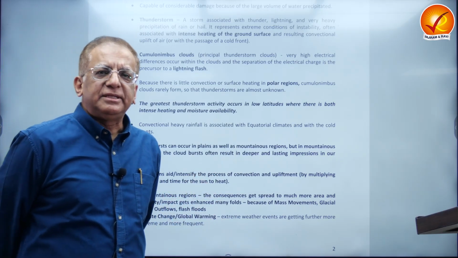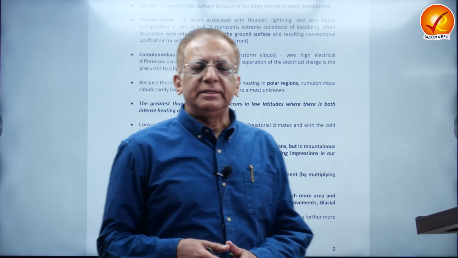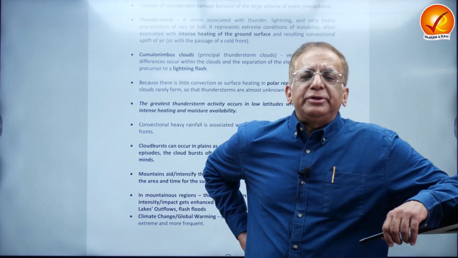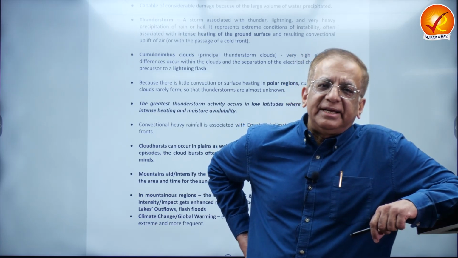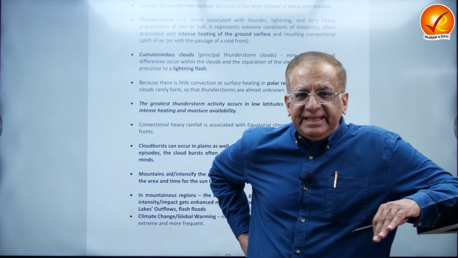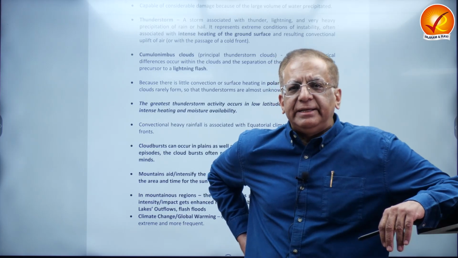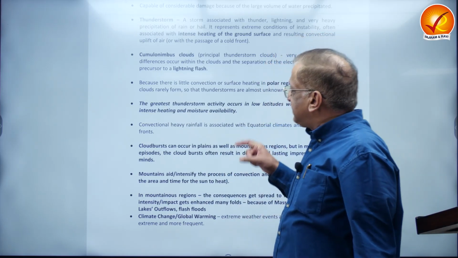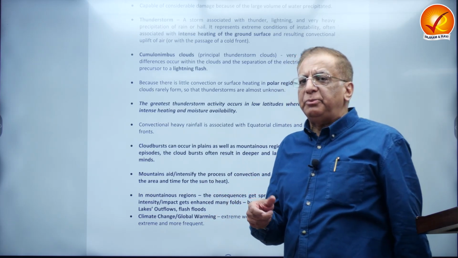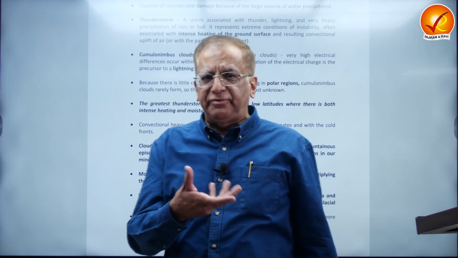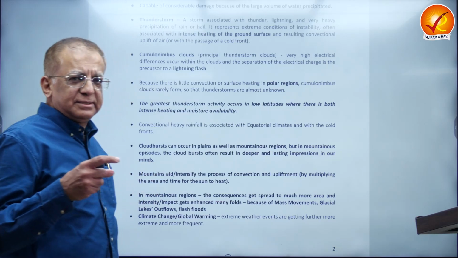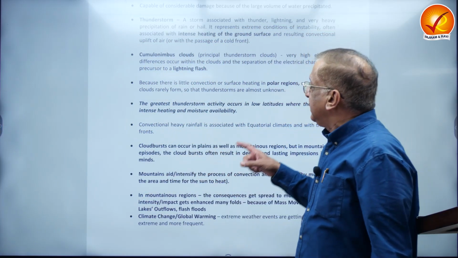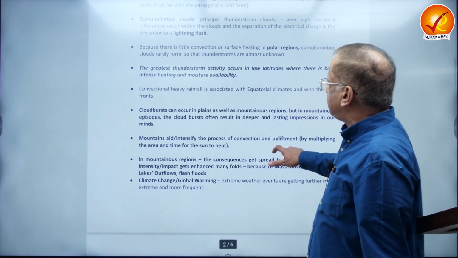They would be seen more often in the tropical region, because tropical areas are where you have both things together in abundance: intense heat as well as great moisture in the air, because warm air can hold more moisture. You may have such clouds in the middle latitudes also, for example, related to a cold front. But more of this convectional process which is needed for a cloudburst is seen in the tropical areas.